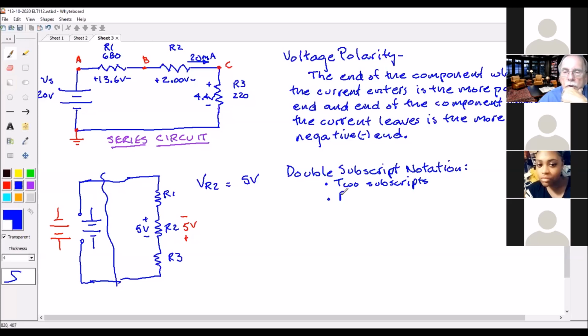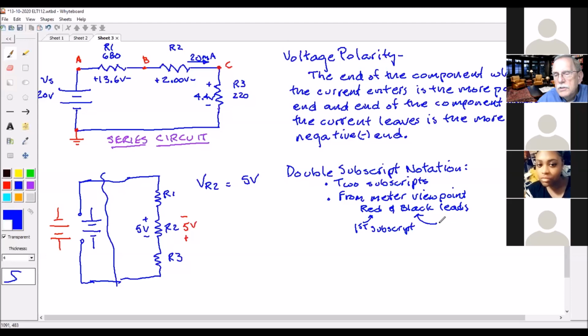From a meter viewpoint, we have two leads on the meter, usually a red and a black lead. The red goes to the first subscript. The black goes to the second subscript.